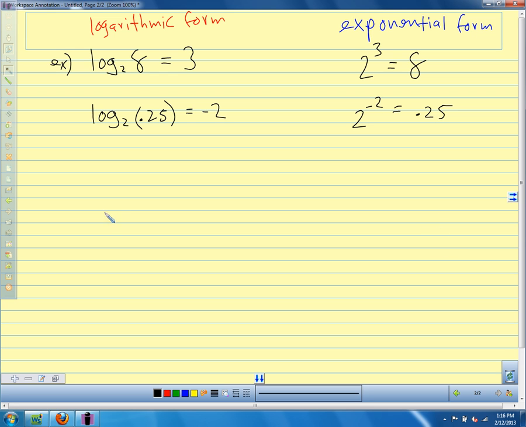How about log base 3 of 81 equals 4? 3 to the fourth equals 81. So I can think of these as the exponent on 2 that gives me 8 is 3, so 2 to the third equals 8. The exponent on 2 that gives me 0.25 is negative 2. The exponent on 3 that gives me 81 is 4.